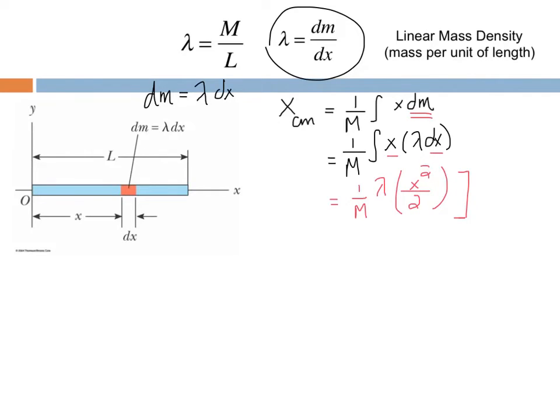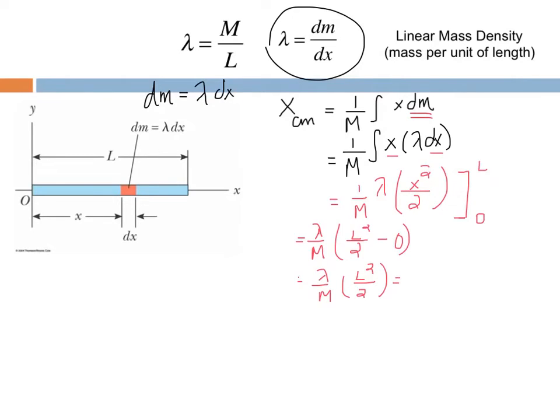In this case, it is from 0 all the way to the end of the rod, length L. So when I evaluate that, I get lambda over m times L squared over 2 minus 0, or just lambda over m times L squared over 2.